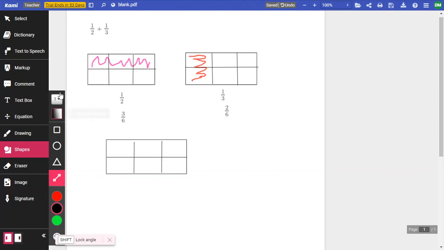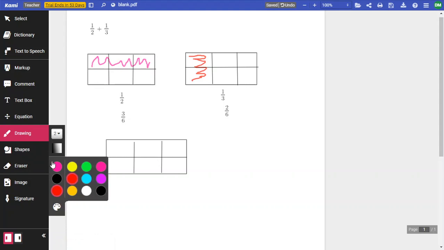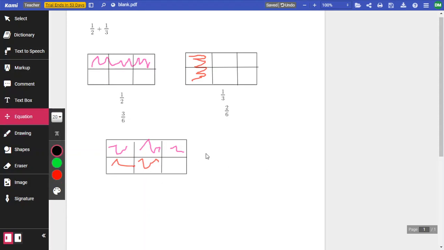So let's see. I had my 3/6 in purple. So there's 1, 2, 3. And then I had my 2/6 in red. So it looks like my answer should be 5/6. And notice that if we add this 3/6 to this 2/6, 3 plus 2 is 5, and then we kept that denominator exactly the same at 6.